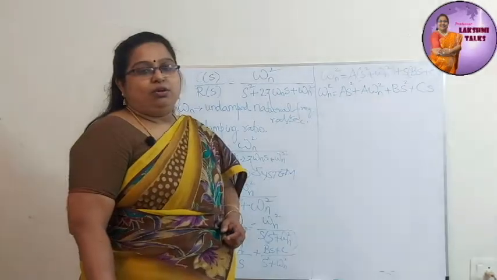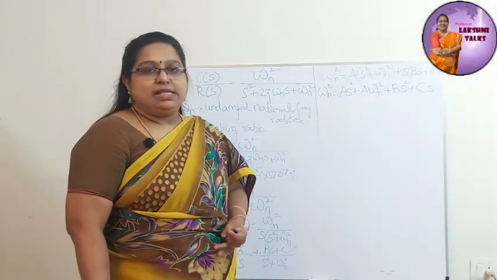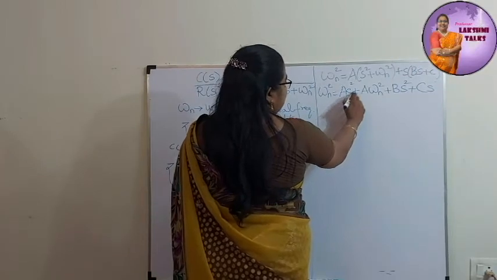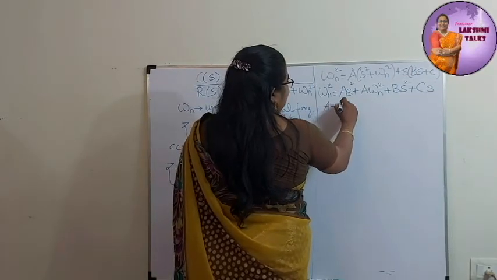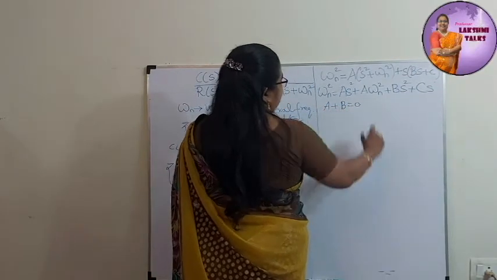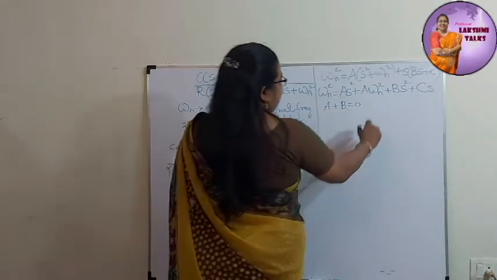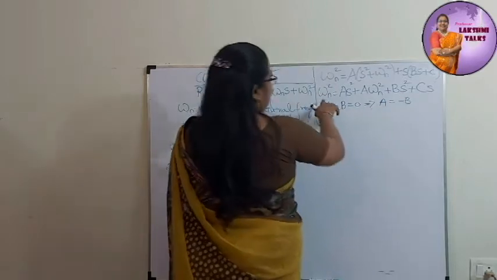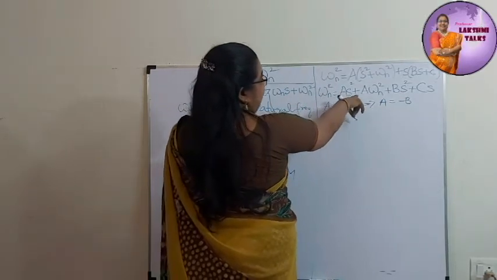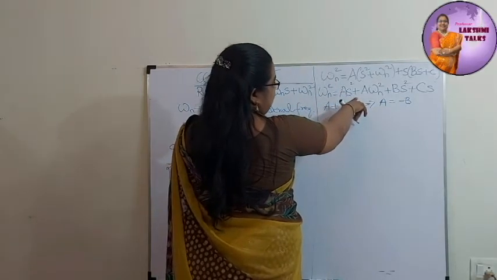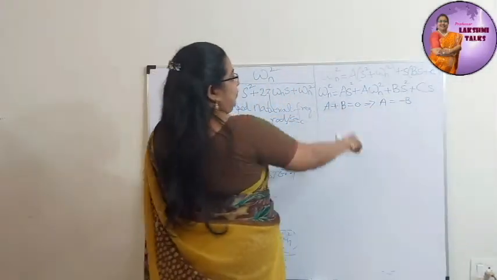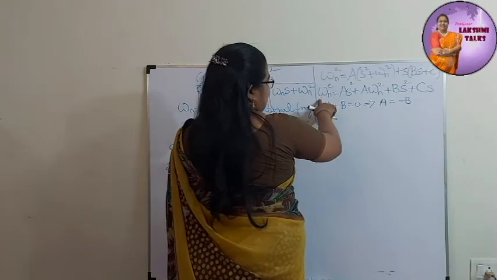Equating the coefficients of s square, s and constant on both sides, equating the coefficient of s square, we get A plus B is equal to 0, which means A is equal to minus B. Here we don't have any s square term on this side, whereas on the other side we have A s square plus B s square, so the coefficient is A plus B, and this side it is 0.